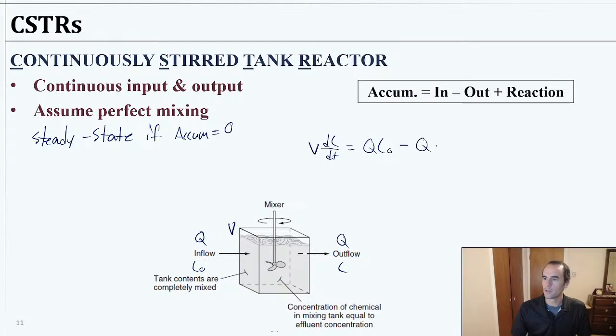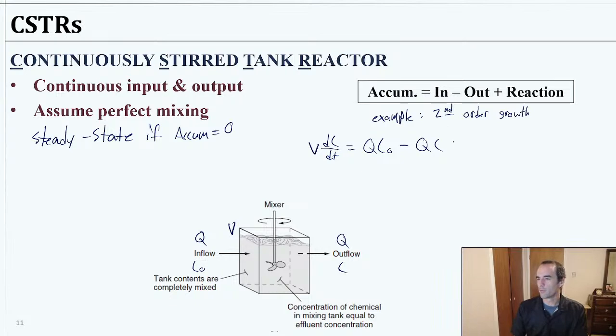What's going out is Q times C. And then our reaction, for the sake of example, I talked about we could have multiple reactions, but for this example, for our reaction term, let's do a second order growth, just to show you what that would look like.